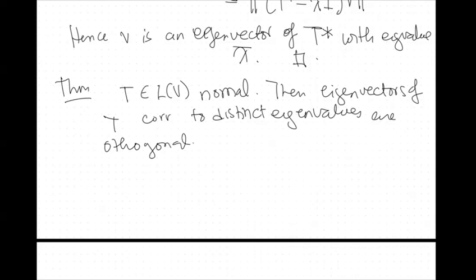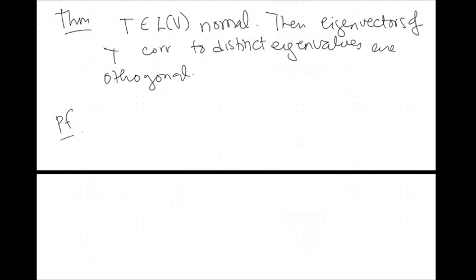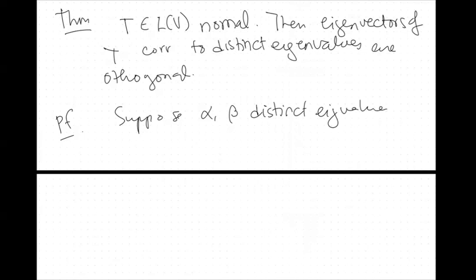Okay, let us quickly prove this and then end the video. Suppose that alpha and beta are distinct eigenvalues of T corresponding to eigenvectors u and v.